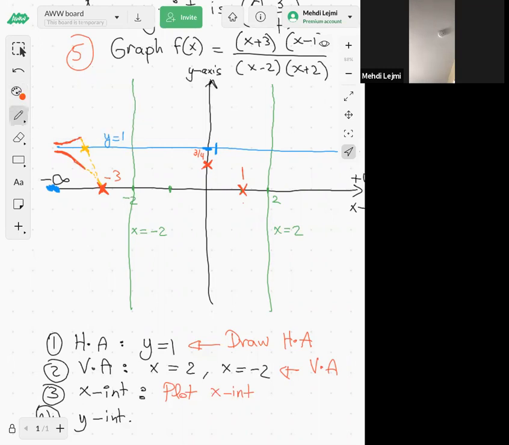So you have to start below the horizontal asymptote, not above it, because you have to join your x-intercept. But if you join your x-intercept, you will have to cross your horizontal asymptote when you are close to infinity. So the correct thing to do is to start below the horizontal asymptote and then join your x-intercept.